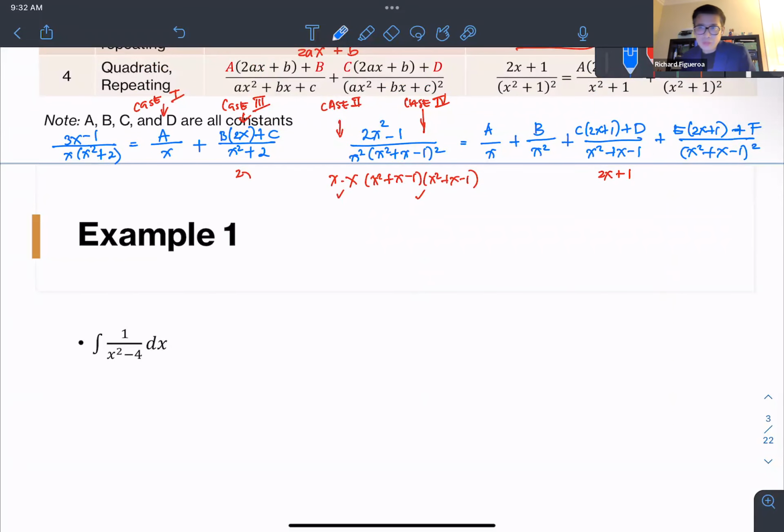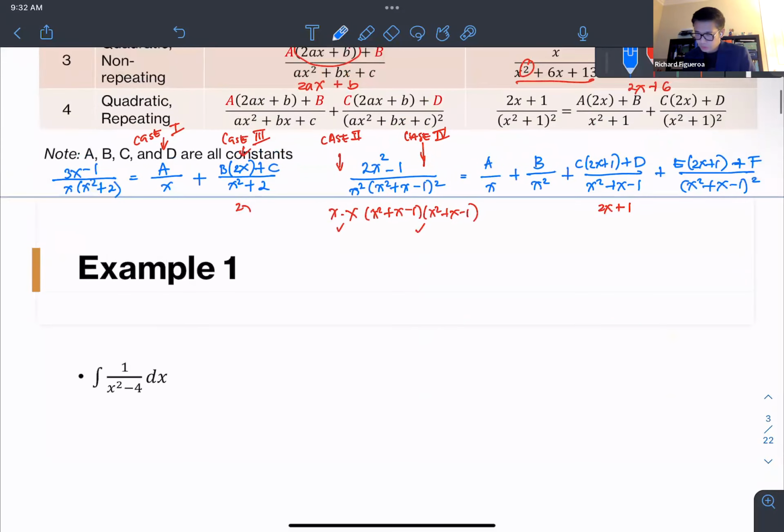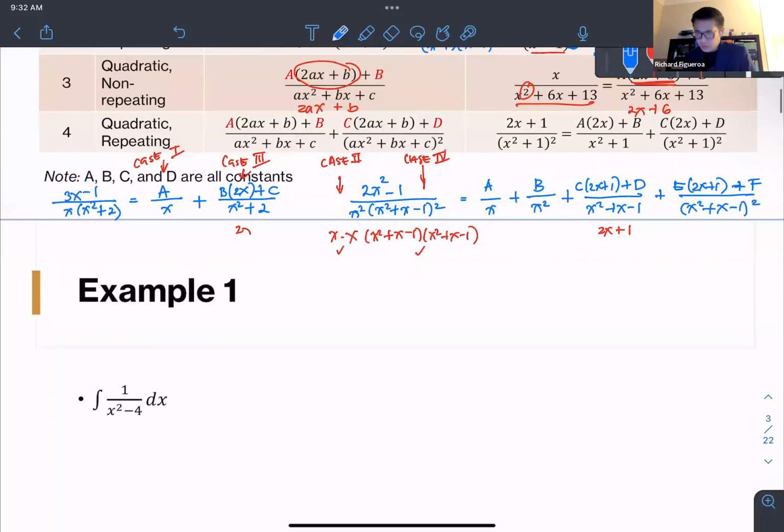Sir, will it become case 3 if there is a plus 2? What do you mean? Where is the plus 2?